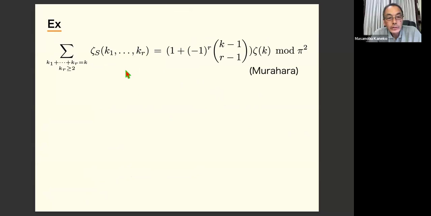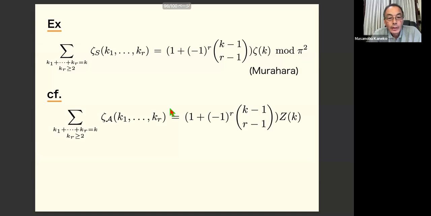One instance is this sum formula for zeta A, whose S version has exactly the same shape as the Saito–Wakabayashi formula, replacing capital Z_k by zeta k modulo pi squared, which is due to Murahara. Yeah, this is the finite MZV case.